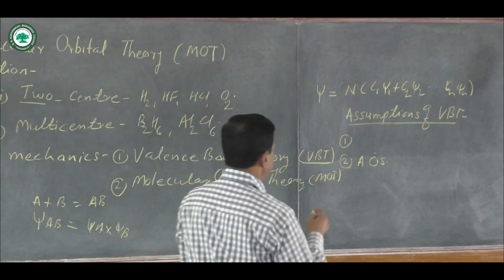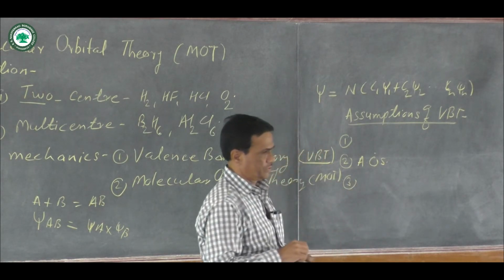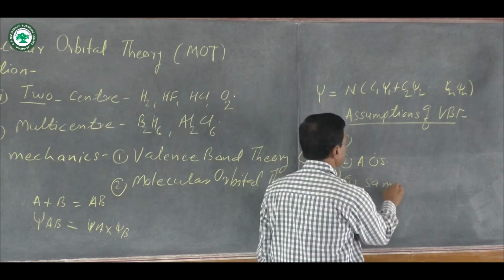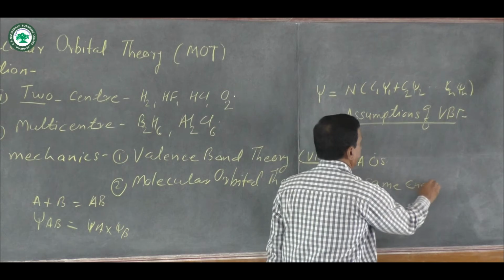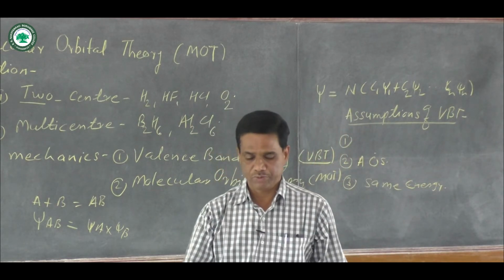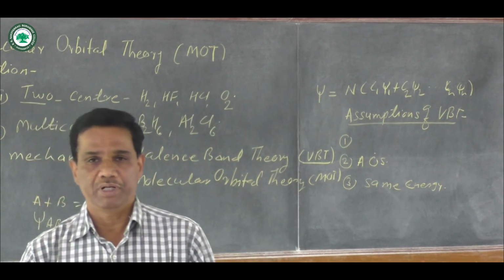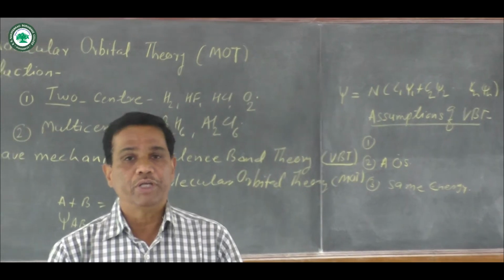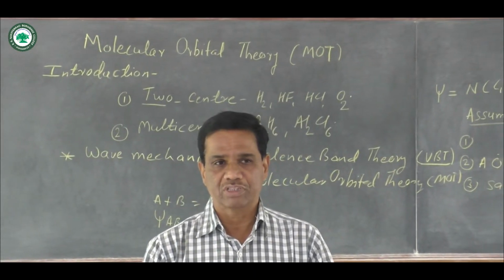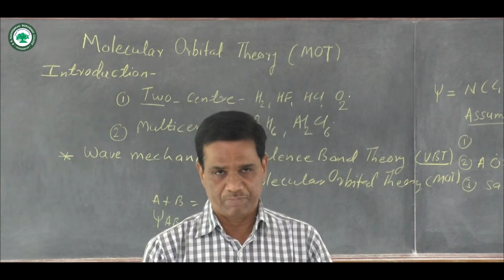Then the third assumption is that the combination of atomic orbitals takes place on the basis of the same energy. Means the energy of various atomic orbitals. You know the atomic orbitals are s orbital, p orbital, d orbital, f orbital, etc. Same-energy atomic orbitals combine or overlap and corresponding hybrid orbitals are formed.